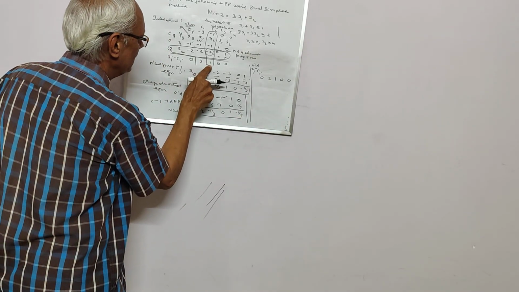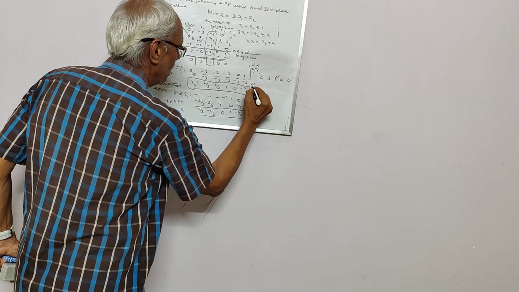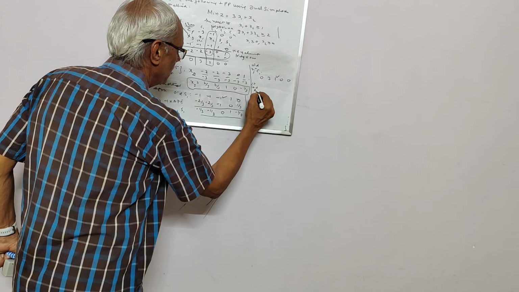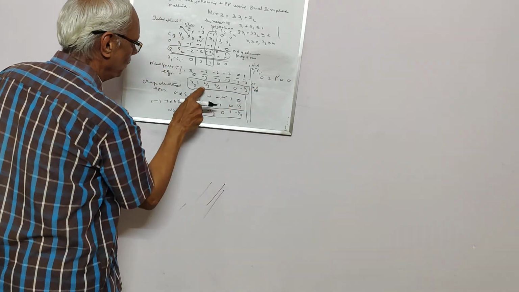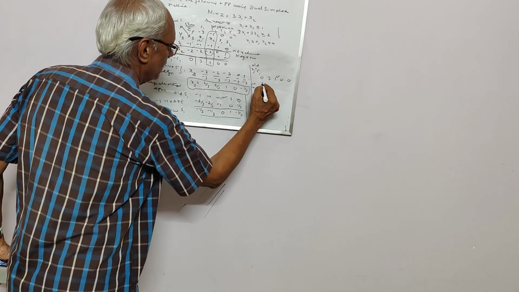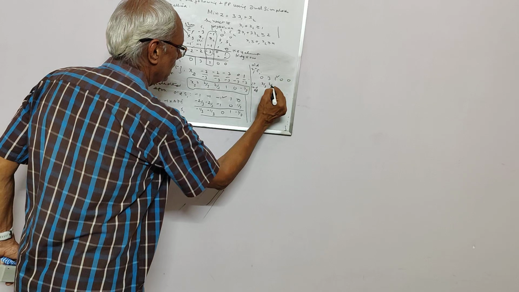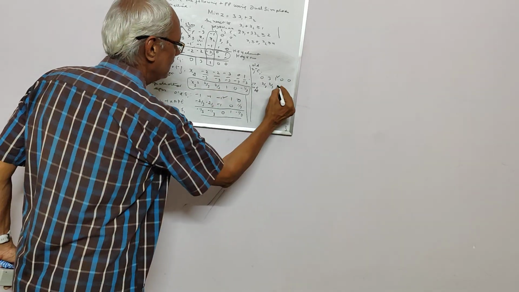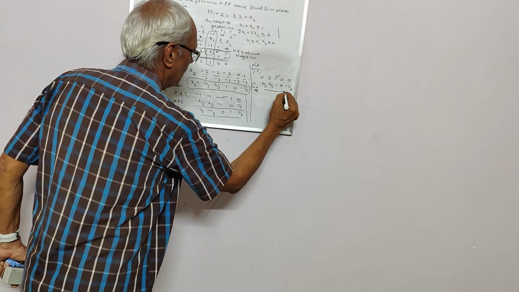The key element is 1. Take away 1 into the new pivot equation. What is the new pivot equation? 1 into 2 by 3, 2 by 3. 1 into 1 is 1, 0, minus 1 by 3.